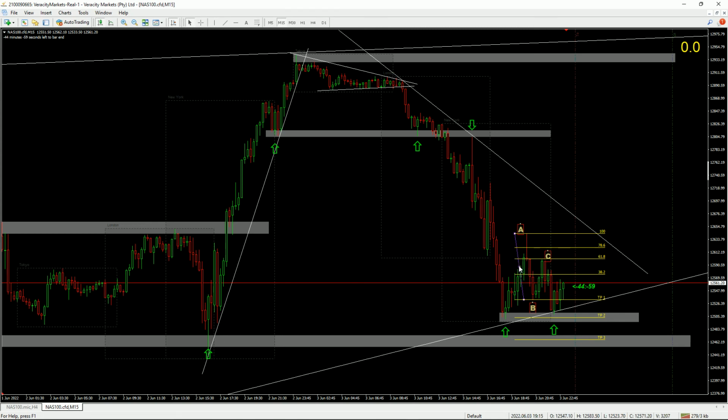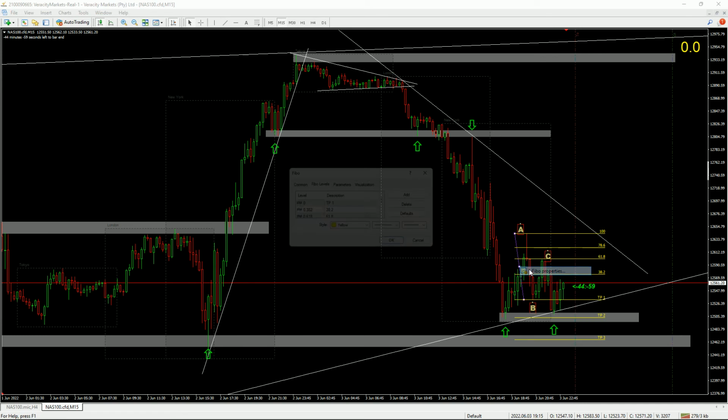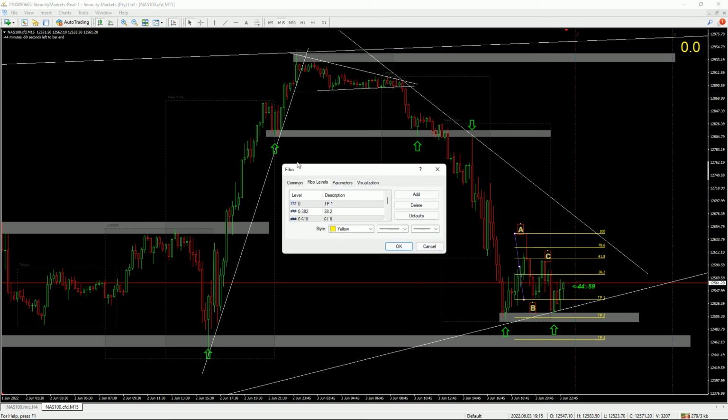So the settings of the Fibonacci, guys, I can't stretch this up so you can see all my levels, but my levels go like this. You can add the 0 as TP1 and 38.2, then 50, 61.8, and 100, the first one, and then 78.6, which is the strongest reversal.